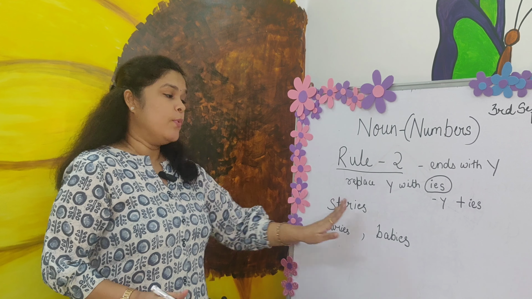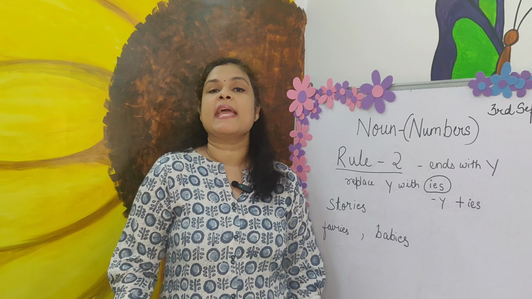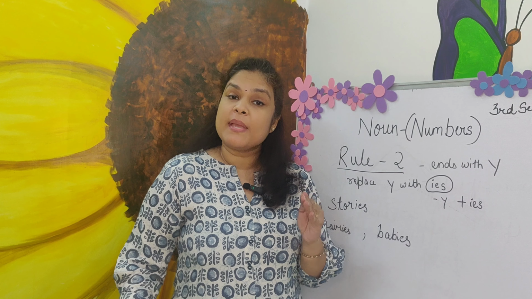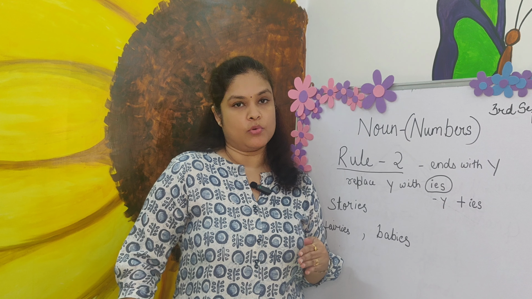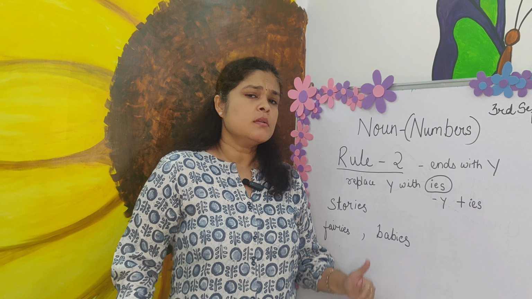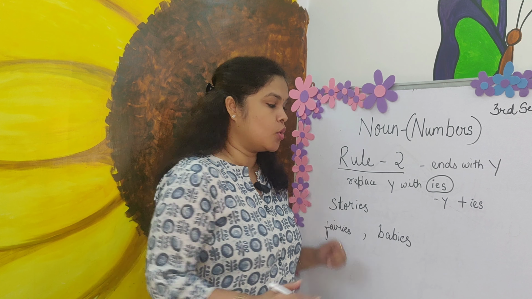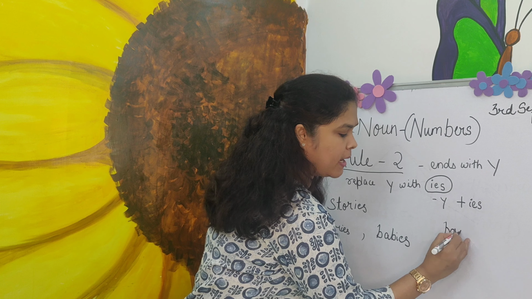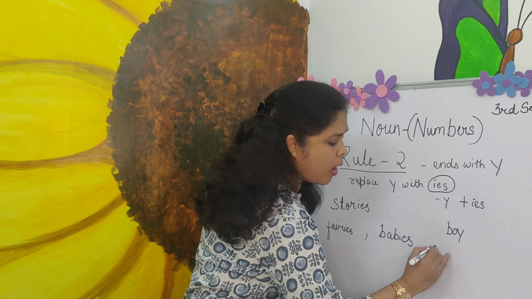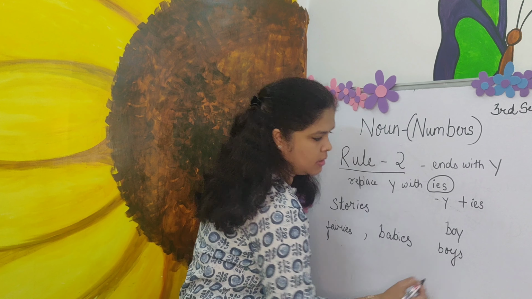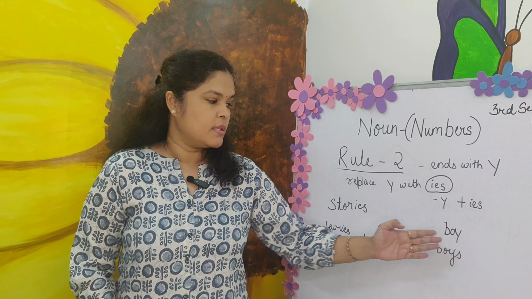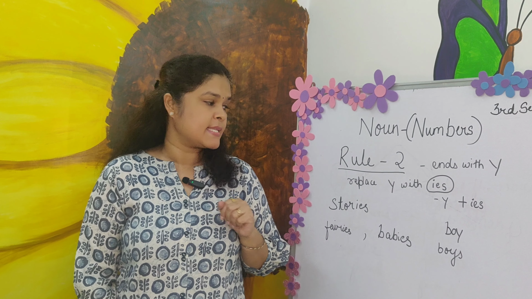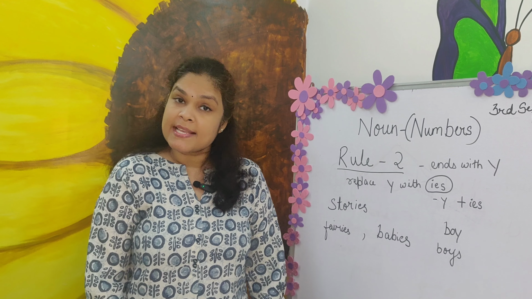But with this rule also comes an exception, or maybe a sub rule under the rule. You must be thinking, just before this ma'am wrote boy and the plural form of boy was boys. It also ended with Y. Then why did ma'am just add an S and not IES?